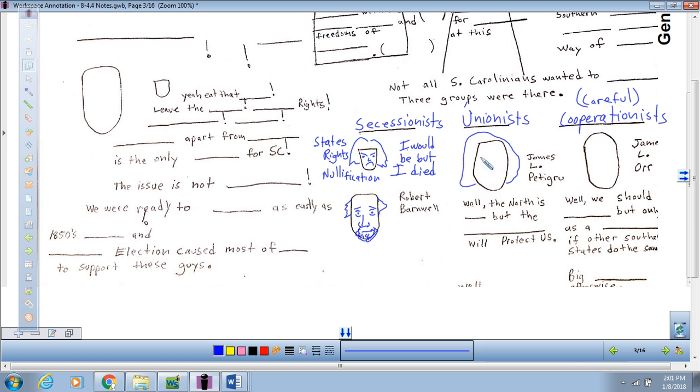Even though he doesn't really look like this, my drawing tends to make him look like the mother of the criminals in The Goonies. I think he looks like the Goonies' mother. His name is James L. Pettigrew, and he ends up being one of the leaders of the Unionists in South Carolina.